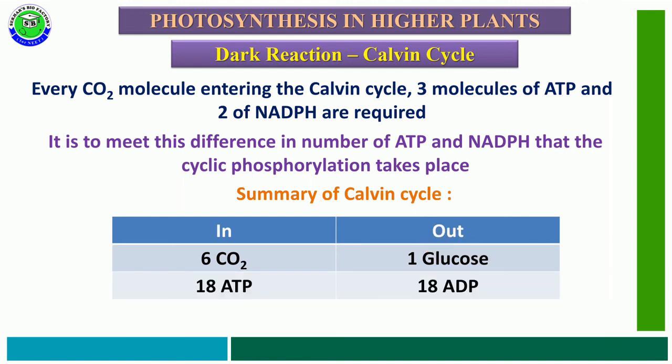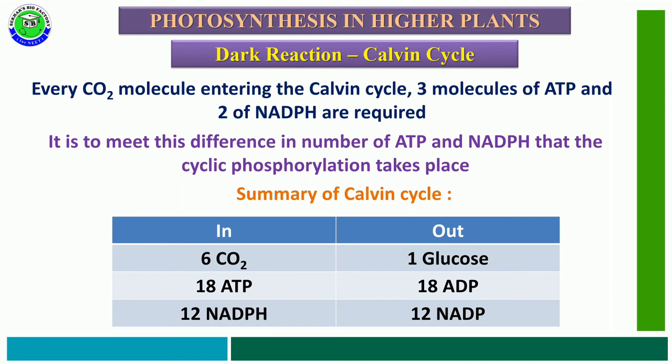At the same time, for each carbon dioxide molecule, 3 ATP molecules are utilized. For 6 carbon dioxide molecules, 6 times 3, totally 18 ATP molecules are utilized, and they become 18 ADP molecules. Along with that, for each carbon dioxide molecule, 2 NADPH are utilized. For 6 carbon dioxide molecules, 6 times 2, 12 NADPH molecules are utilized, and they become 12 NADP.